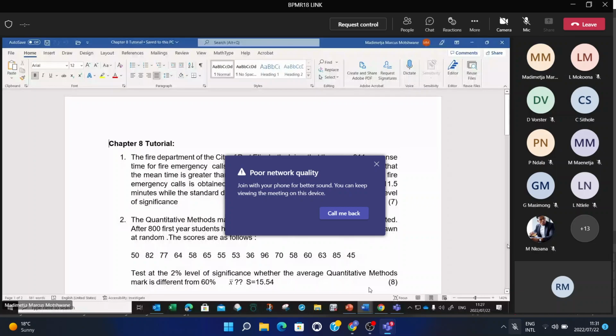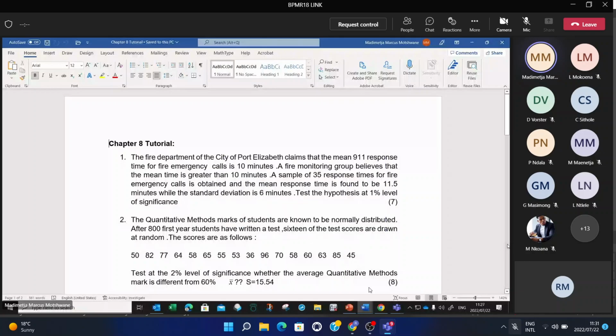Then it's step number 5. The calculated value is less than the critical value 2.33. The null hypothesis is what? Is not rejected at the 1% level of significance.